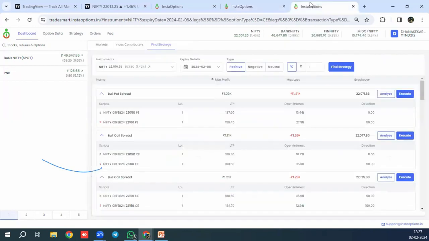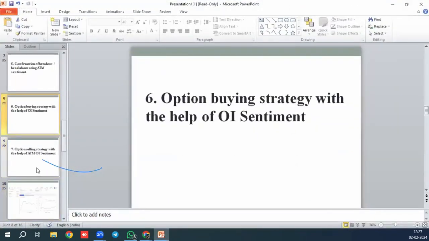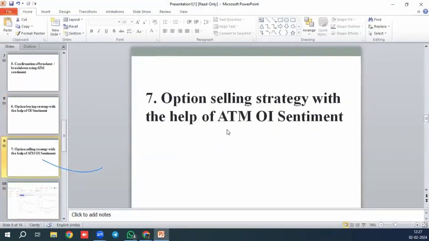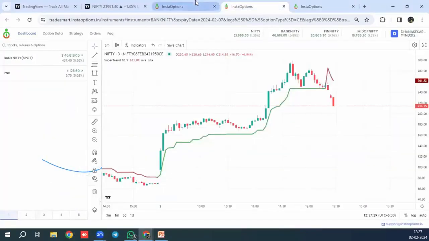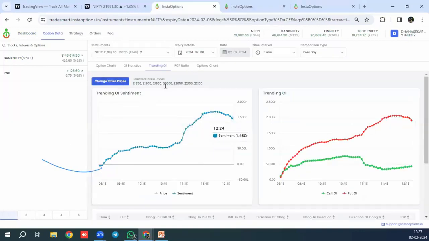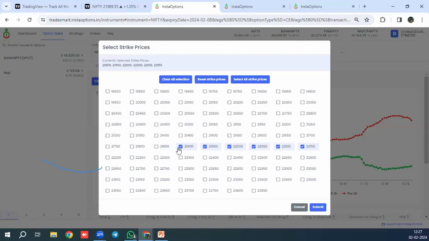Then next one, how can we do an option selling strategy using ATM OI sentiment? Okay. Now here I was using the 7 strikes sentiment. In this, we are using 7 strike sentiment, but when we are going for a selling strategy, we'll use only ATM sentiment.